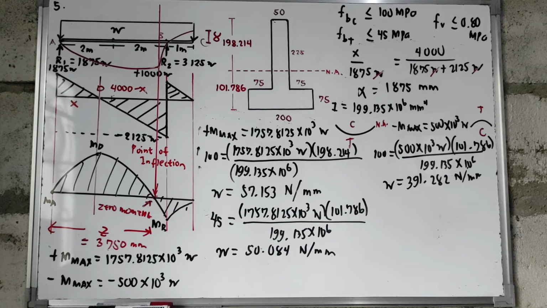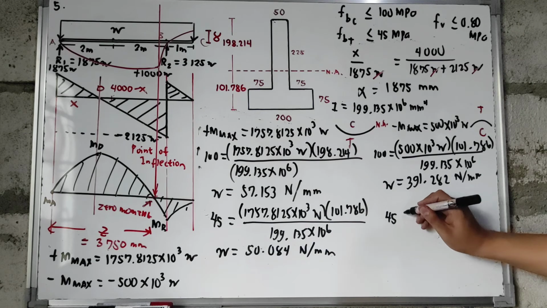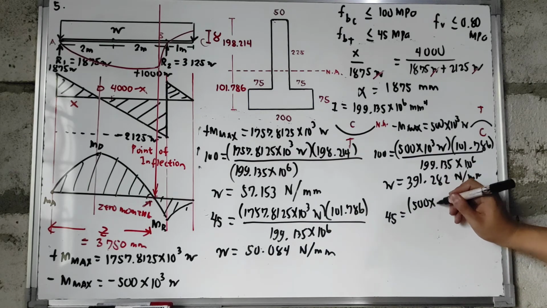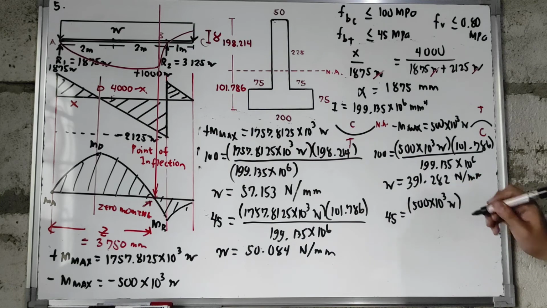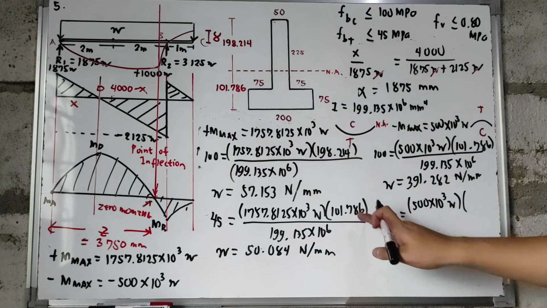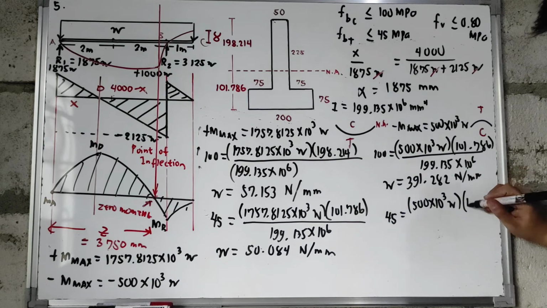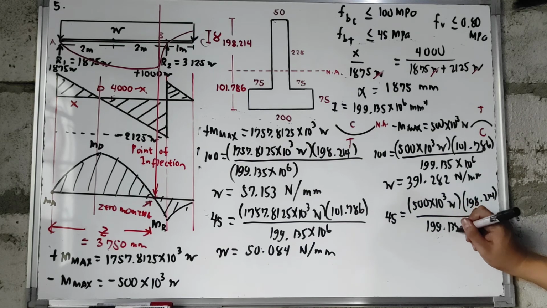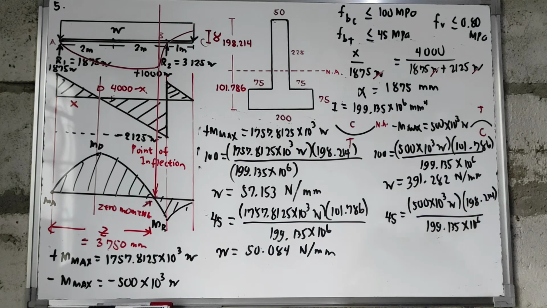So next naman, we are going to consider yung compression naman natin na 45 megapascal. So yung negative Mmax natin na 500,000 times 10 raised to 3W. So yung C natin naman dito is 198.214 all over yung I natin na 199.135 times 10 raised to 6.